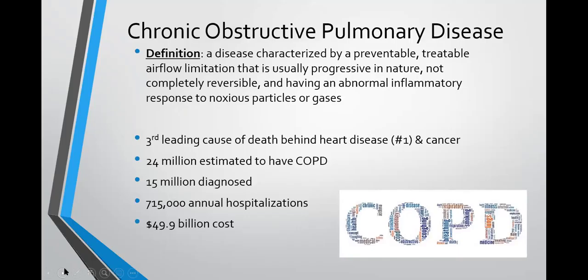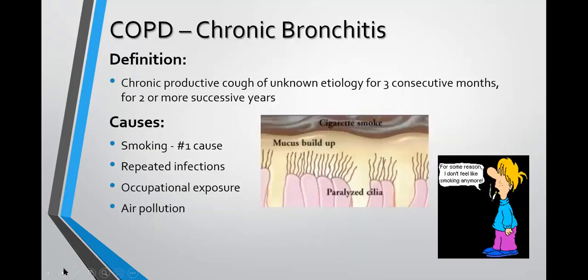But even though cigarettes are harmful, noxious gases, okay? But if you work somewhere that has harmful chemicals and you breathe it for years, that can cause damage to your lung to give you COPD, okay? It's the third leading cause of death behind heart disease. But we're not gonna go into all that. You don't have to know those parts.